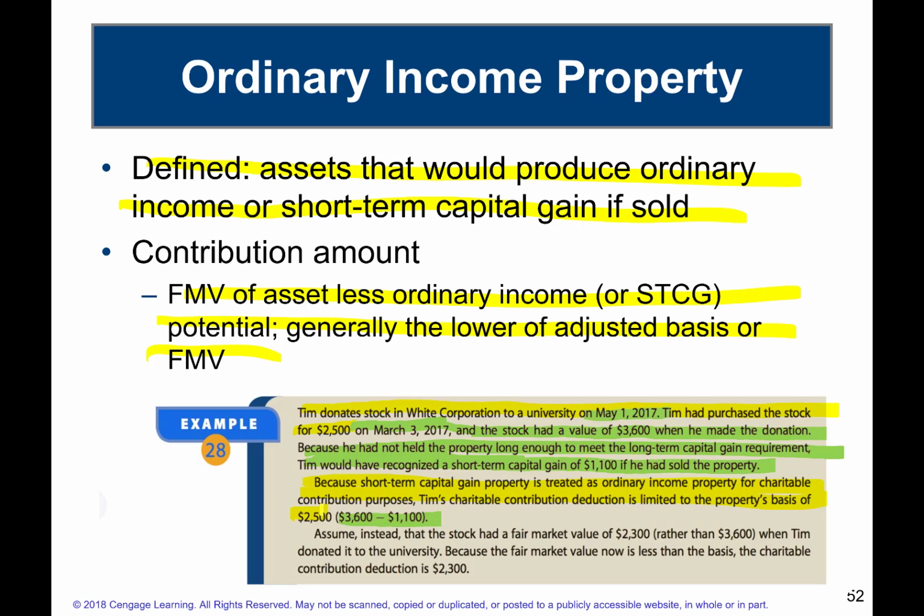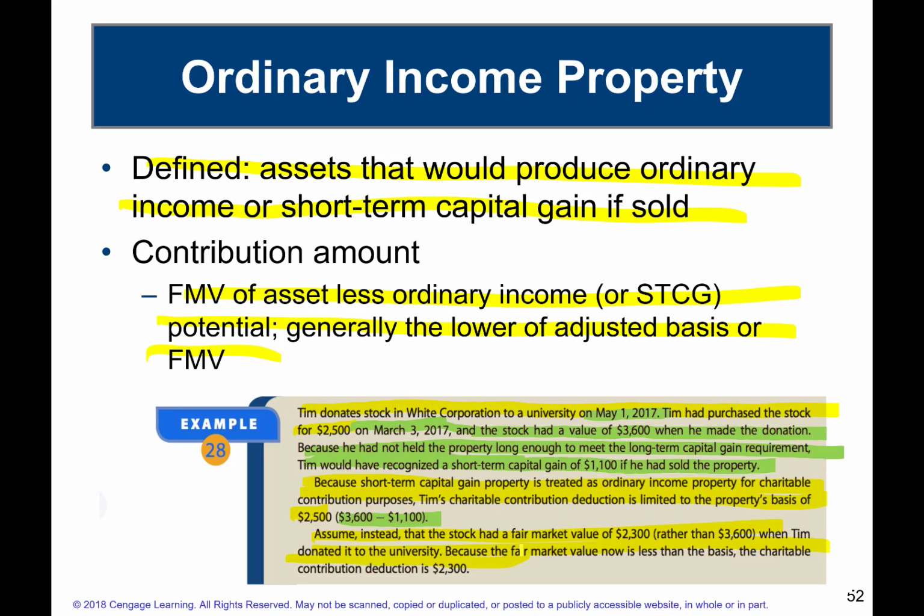Now, let's say the thing had dropped in value, so it went from 25 down to 23. Well, now he's got to take the lower fair market value. So it's the lower of his basis or fair market value, and in this case, only 2,300 would be allowed if it had dropped.